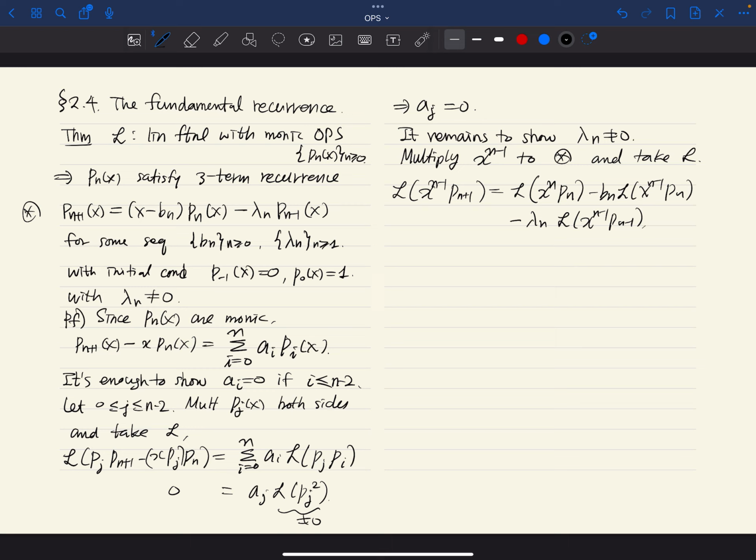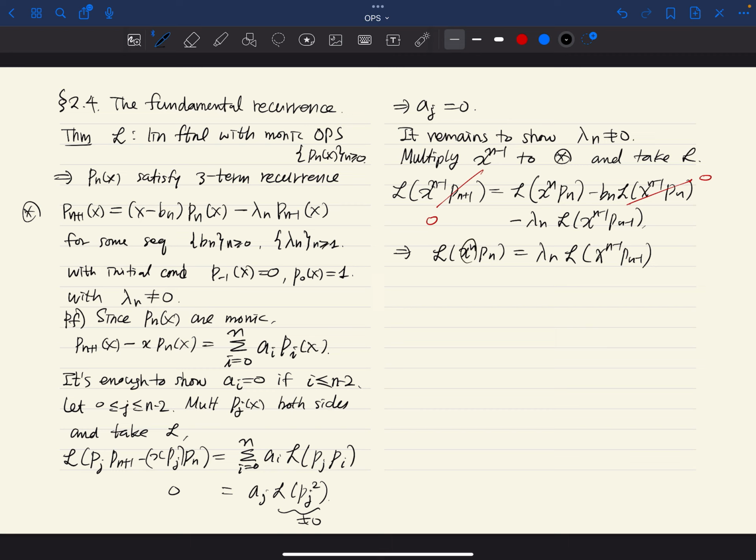Okay? And by orthogonality, this is 0. This is 0. This is 0, right? On the other hand, because this is monic, then this is actually L of x P_n equals lambda_n L of x^{n-1} P_{n-1}.